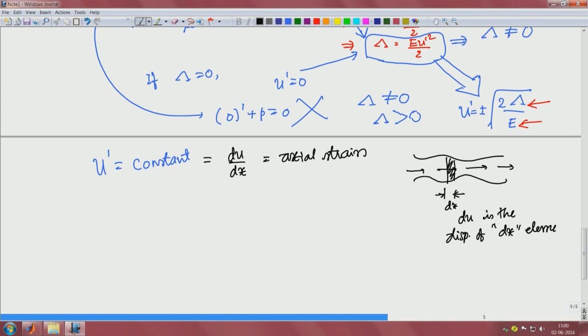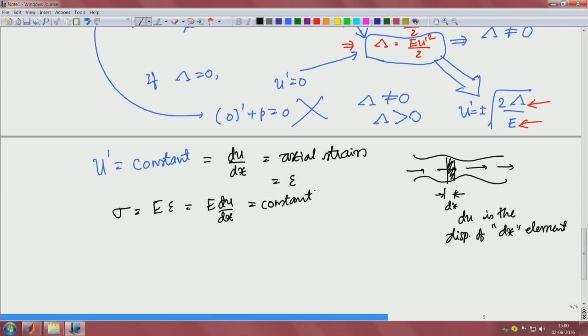Based on the strain that we know very well, du by dx is the axial strain epsilon, then the stress is E times epsilon, that is E du by dx. Since du by dx is constant, stress is also constant.